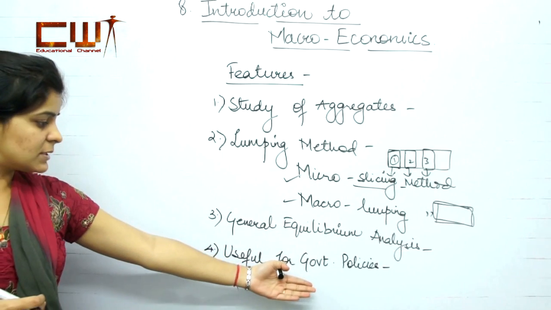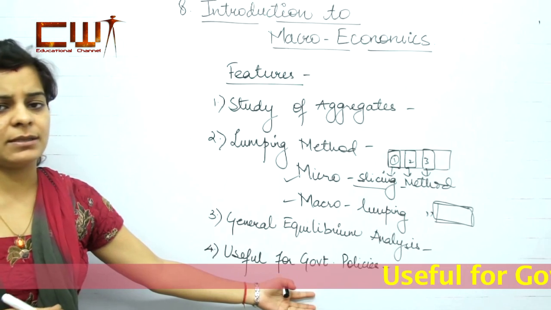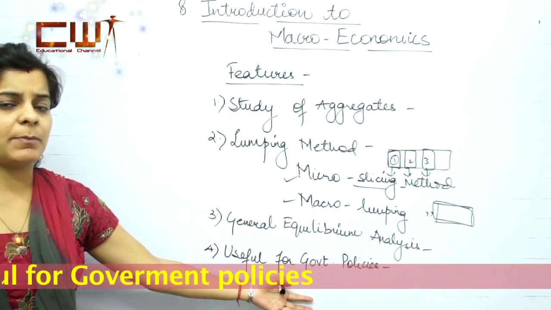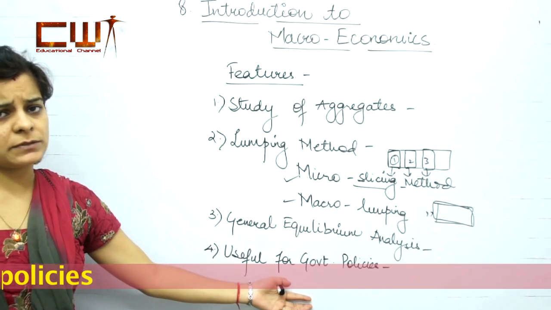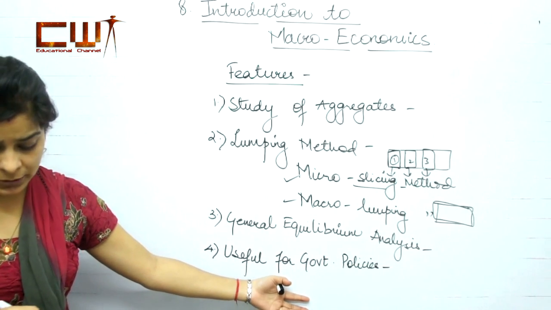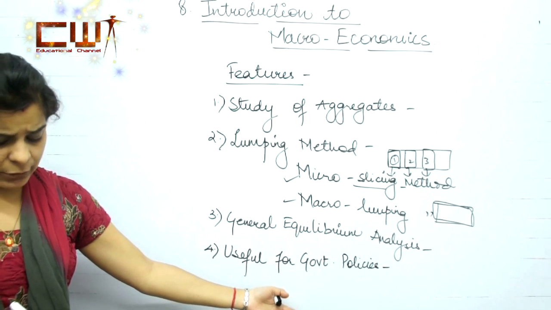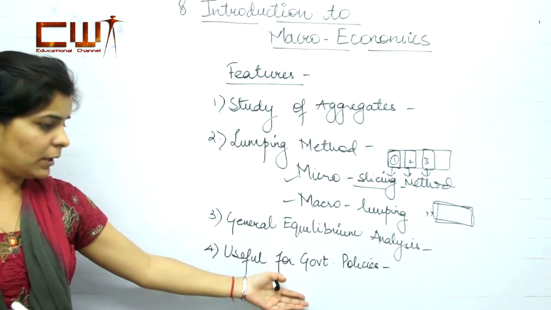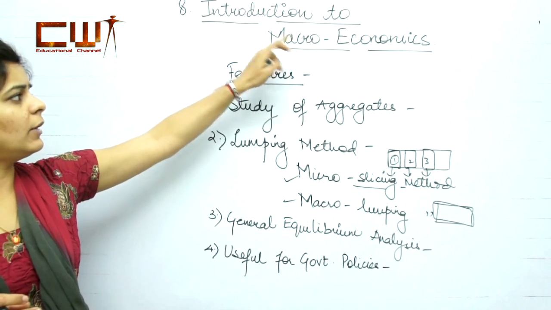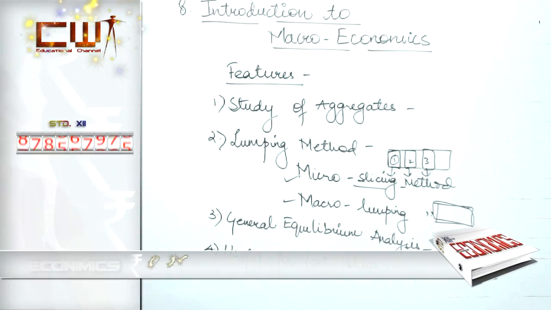Government policies means the general price level. Government sets the prices, or the reserve price, for almost all goods, so that you don't have to sell below this point. Then it also decides the level of employment, right?